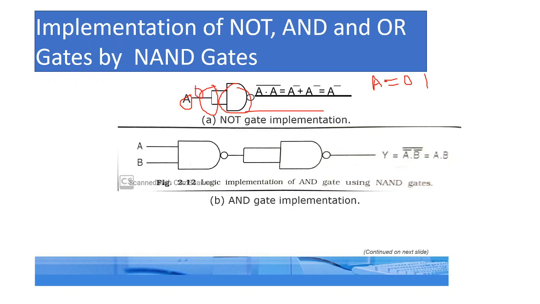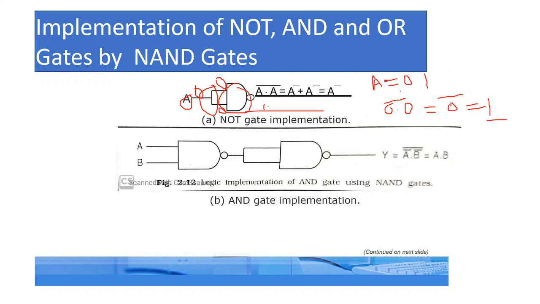When this is applied in duplicate form to this NAND gate, the output is A dot A whole bar, which means 0 dot 0 whole bar. 0 dot 0 means 0, and the complement of 0 is 1. So when we apply A as 0, the output is 1, that is, the output is inverted, so it works like a NOT gate.